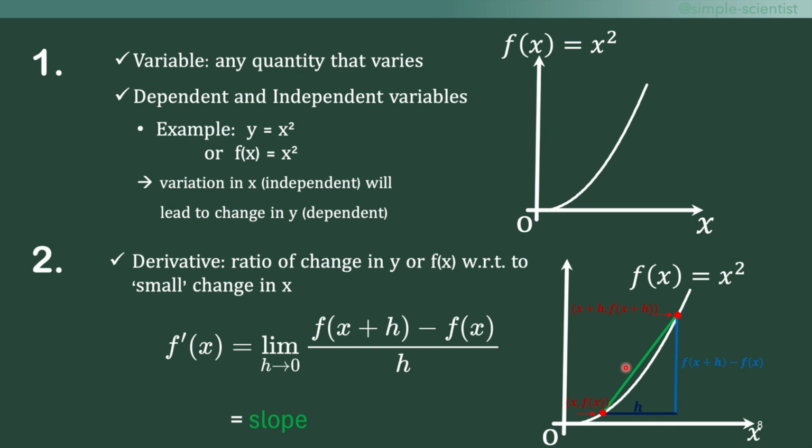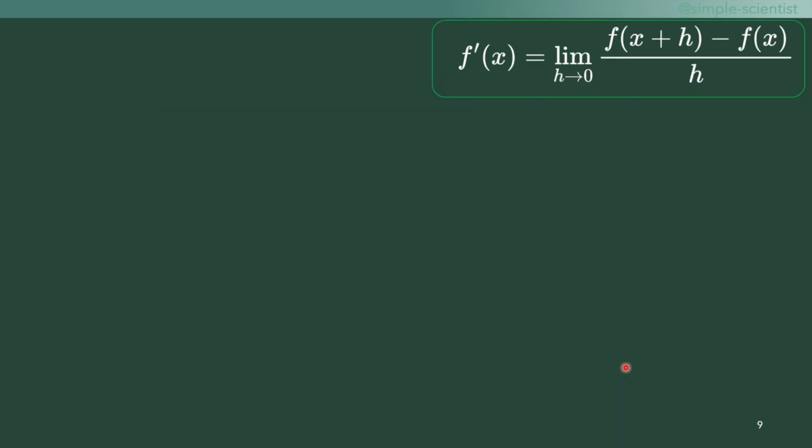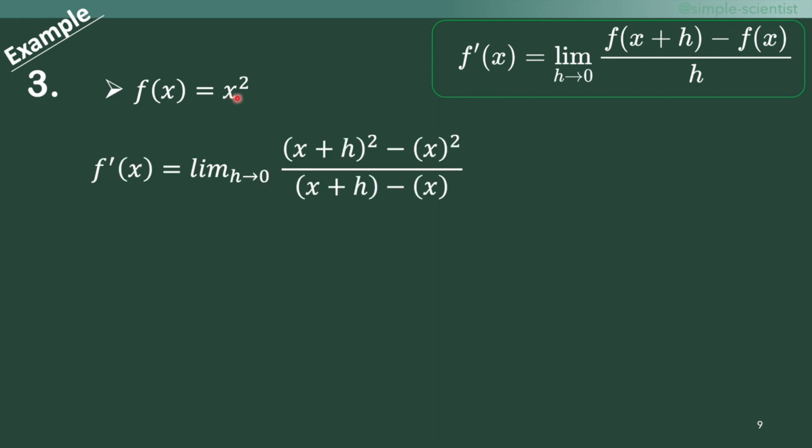Now we take a simple example to find the derivative of x square. F of x equals x square. So to find the derivative, we need to know f of x plus h. And f of x plus h is x plus h raised to power 2. So using this formula, we get f prime x equals limit h approaching 0 in this expression.